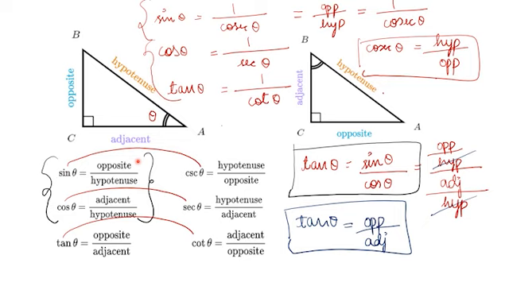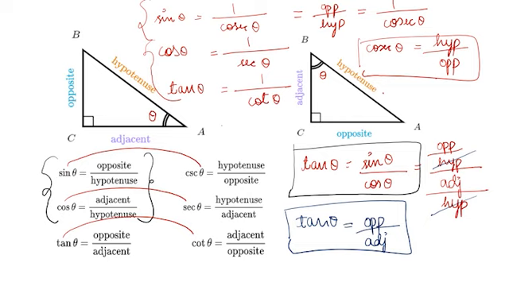Now we are clear with the six trigonometric functions. I told you that it varies with the theta angle also. So theta may not be in the angle BAC. It can be here also. Just observe the other triangle. I can name theta here also.